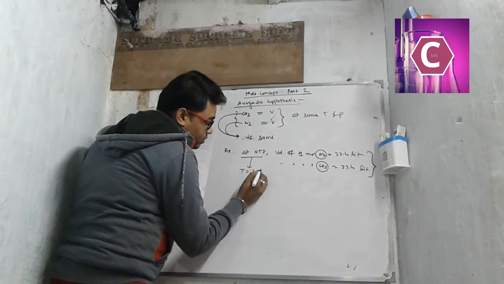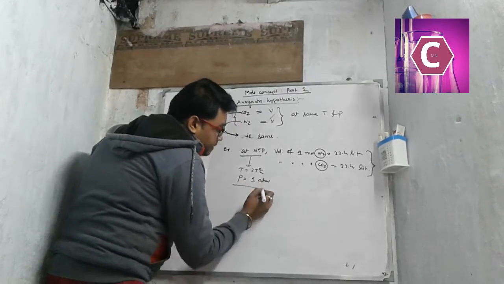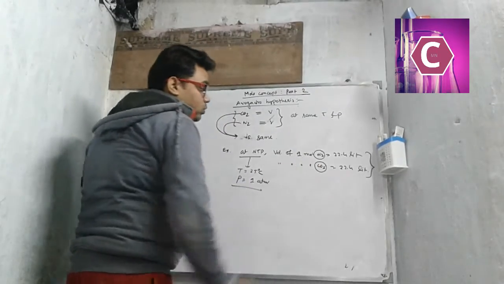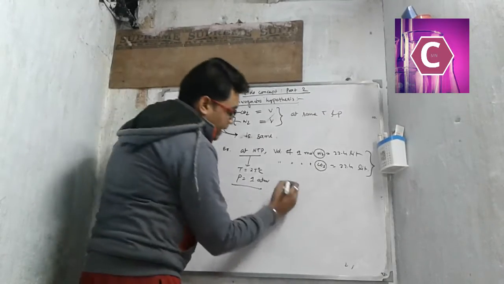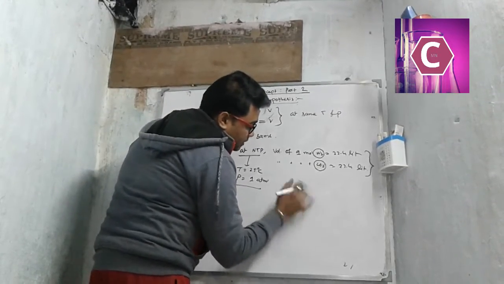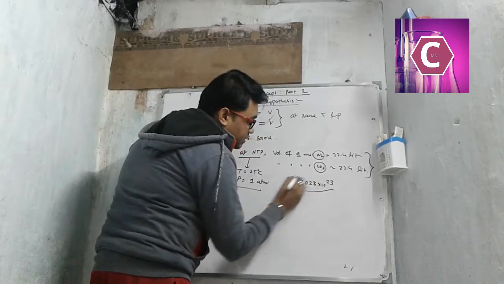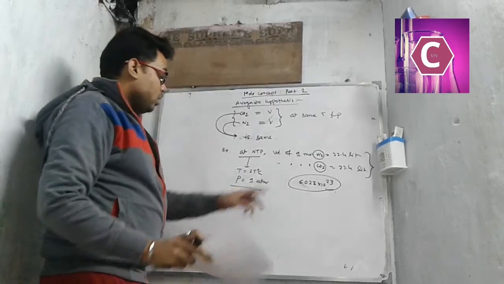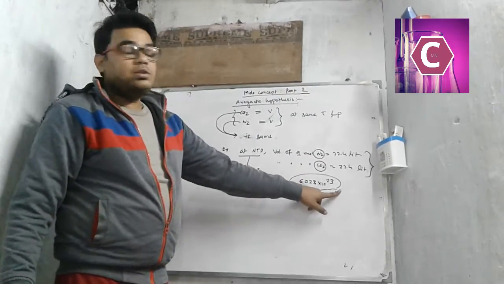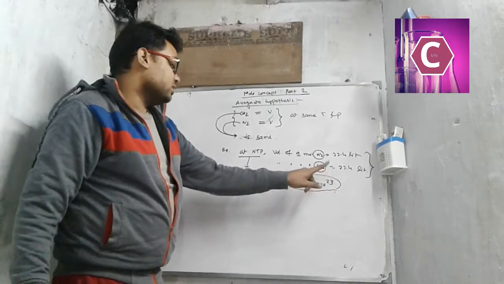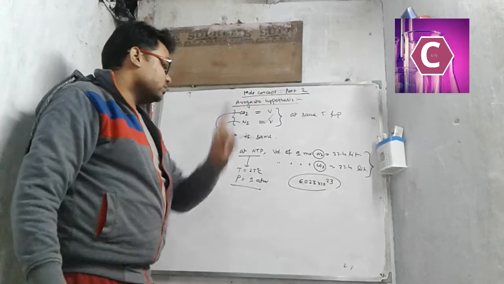That means temperature is 25 degrees centigrade and pressure is 1 atmosphere, and in this situation both gases have the same number of gas molecules, equal to 6.023 × 10^23. This is because 1 mole of nitrogen has Avogadro number of nitrogen molecules, and 1 mole of carbon dioxide has Avogadro number of carbon dioxide molecules.